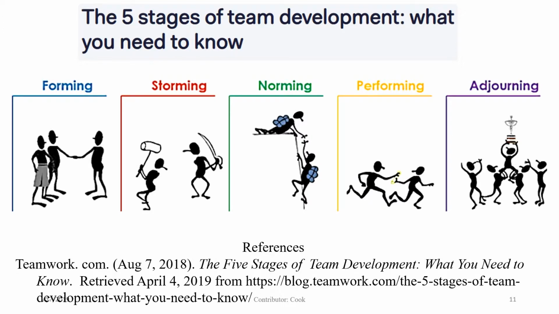This screenshot is from a management consulting organization, teamwork.com, describing the stages of team development. This graphic form is easy to understand, and we'll use it again shortly. The key takeaway is that it is progressive from forming to adjourning.